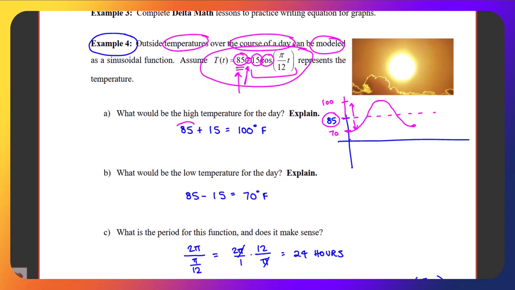So the high temperature is 85 plus 15, which is the midline plus the amplitude. Hope that makes sense to you.